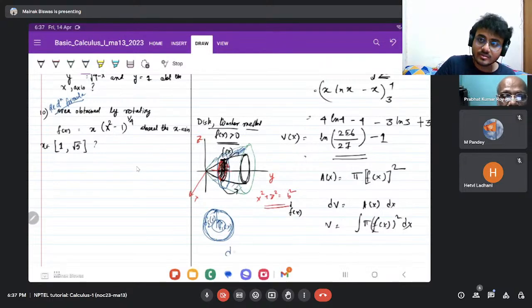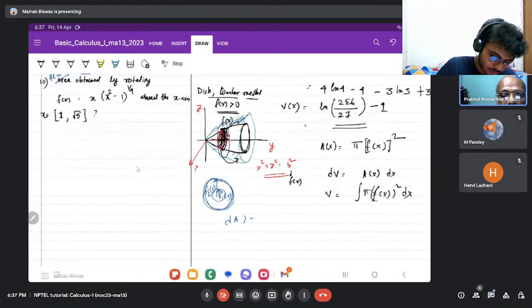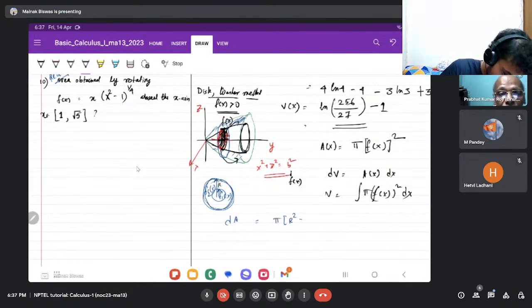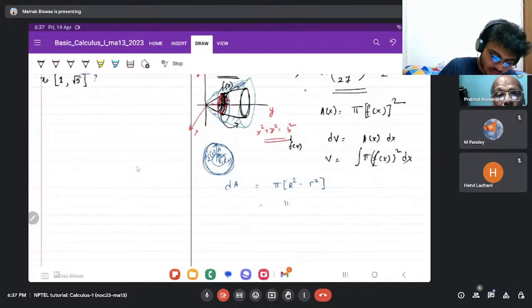So what is your dA? It will be something like capital R square minus small r square. Correct. So dA is pi times capital R square minus small r square. This is capital R, this is small r, which is nothing but pi of f2 squared x minus f1 squared x.